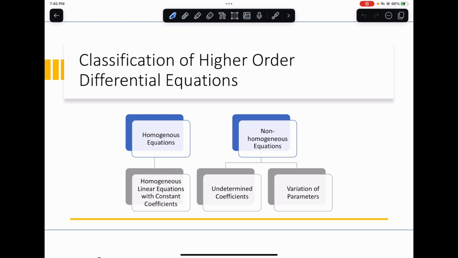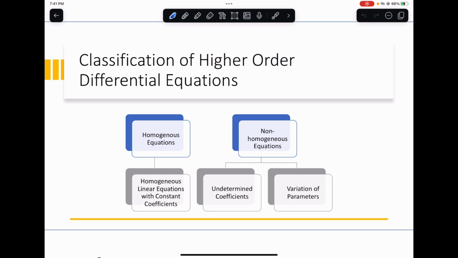For homogeneous equations, we will be using the method for homogeneous linear equations with constant coefficients. Our discussion will be limited to those types of higher order differential equation. And then for non-homogeneous equations, there are two methods that we can choose from.